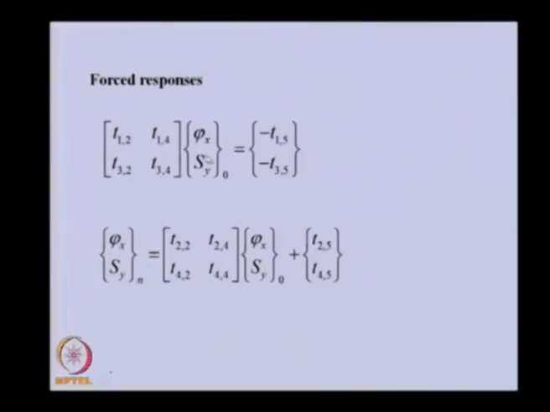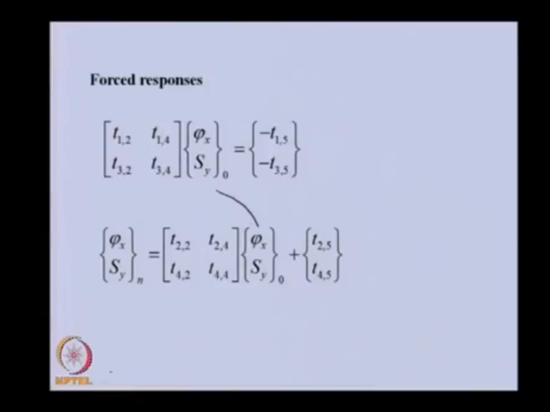If we want to solve the forced vibration, again we need to come back to the previous two equations which we obtained from the first and third row. Here we are not keeping this unbalanced force as 0. So if we know this unbalanced force, we can obtain this vector, because they will be known now, since the speed omega will be given, and we can invert this to get the state vector at the 0 station.